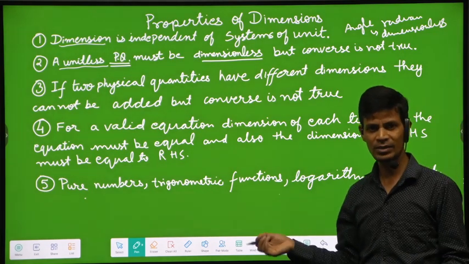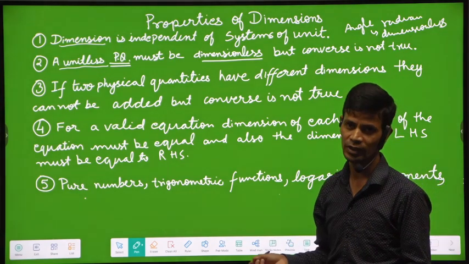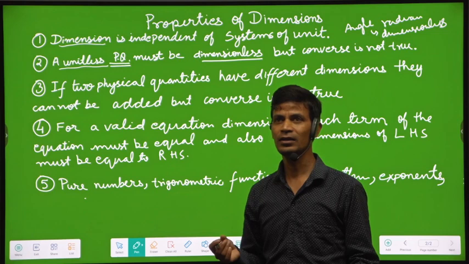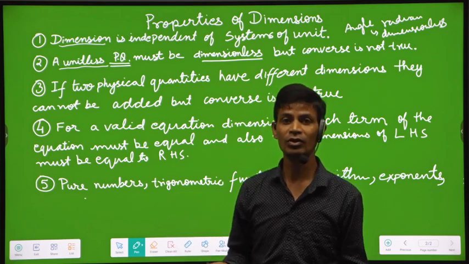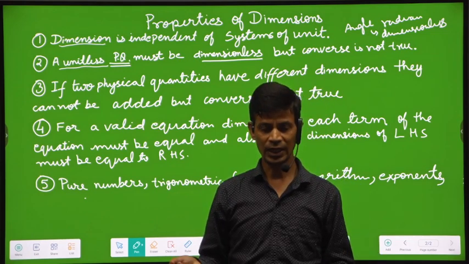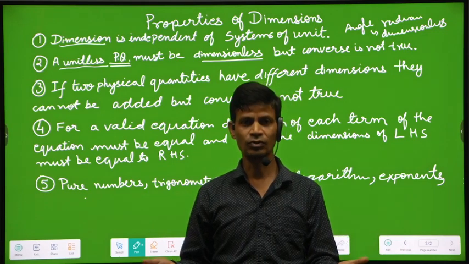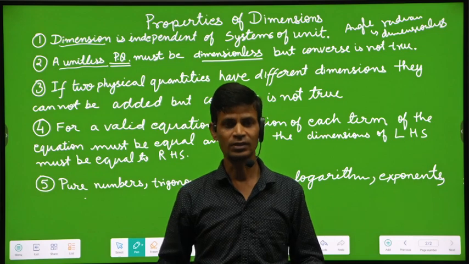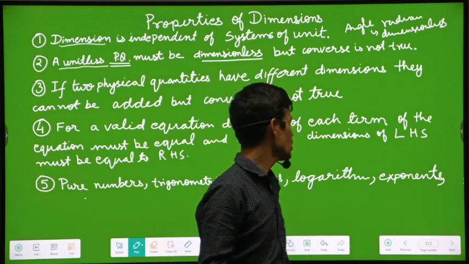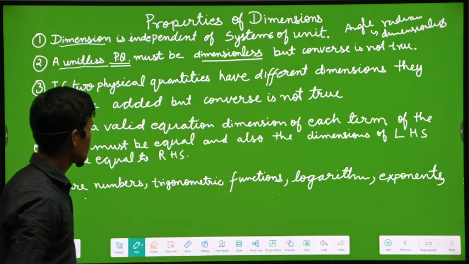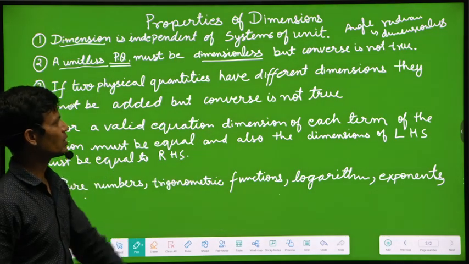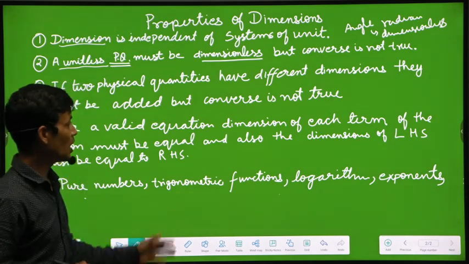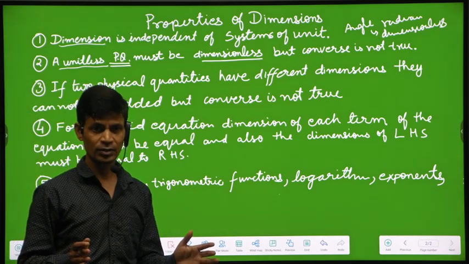It has unit decibel, but it has no dimension. Other than that, if we talk about amount of data, its unit is byte, in fact kilobyte, megabyte, but it is a dimensionless quantity. So there are some other physical quantities also, you can find them on your own, which have unit but no dimension.